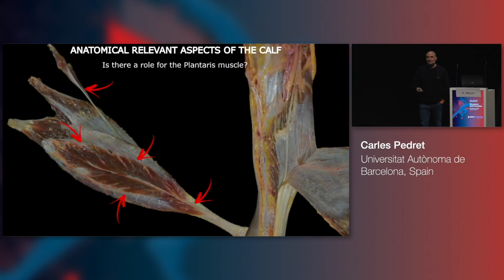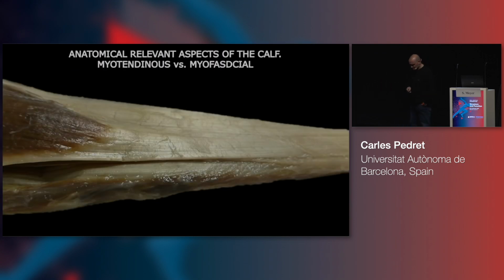So it's not only about the injuries in the medial gastroc or in the lateral gastroc, it's also about what can we find here and where can we find these injuries. So we need to consider also the plantaris, the trajectory of the plantaris, and all the different places where we can find injuries in the gastroc and the soleus muscle.